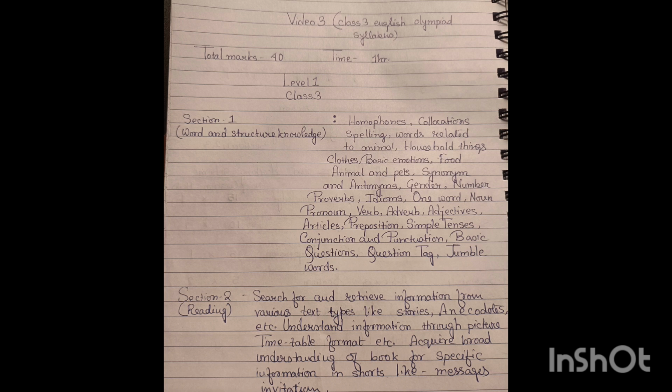Class 3 SOF English Olympiad syllabus. Total marks is 40. Time 1 hour. Level 1. Section 1 is about word and structure knowledge.